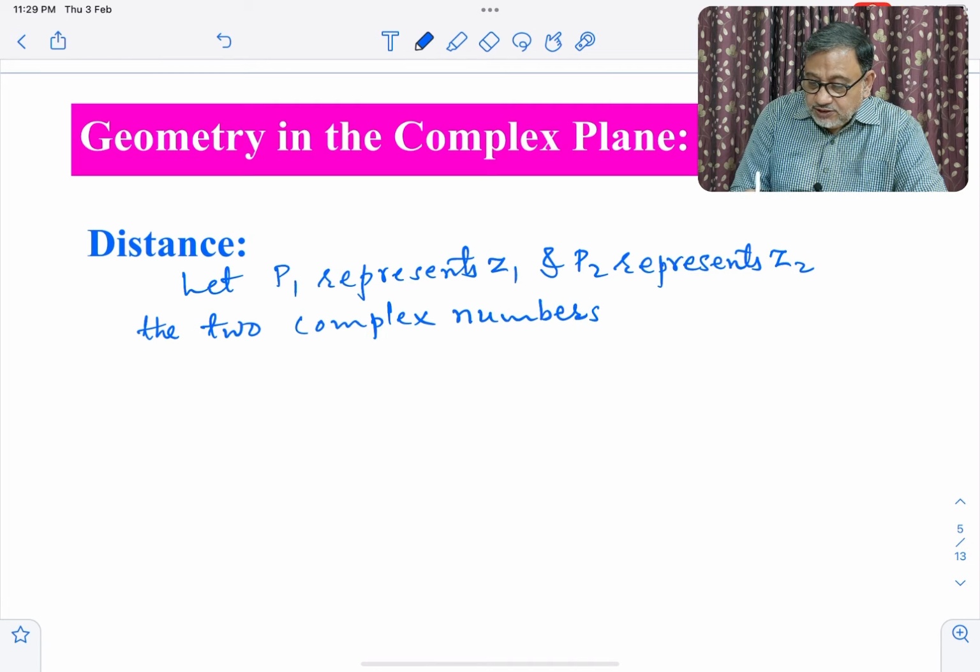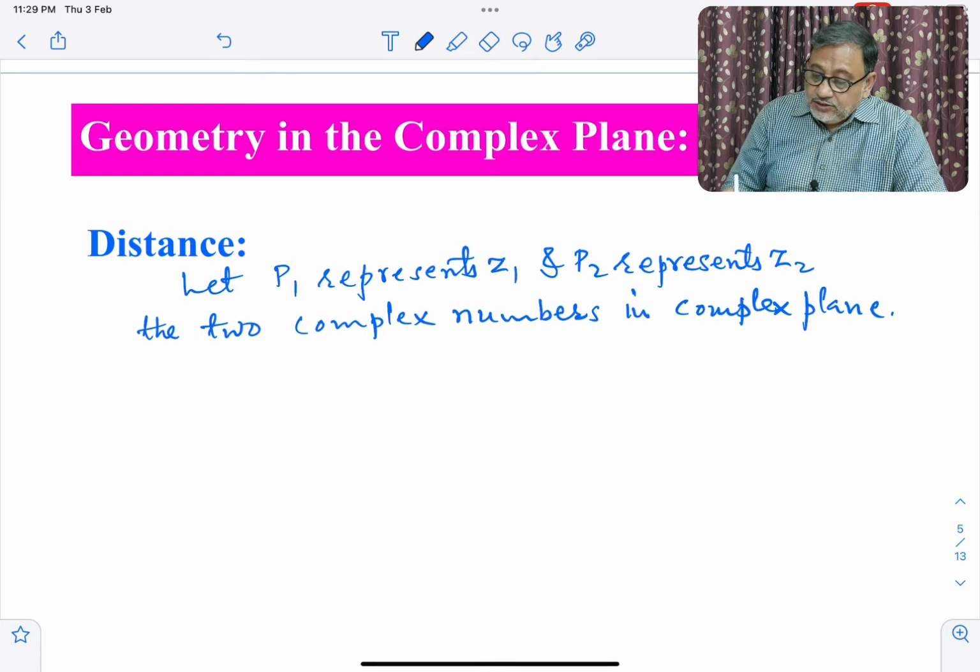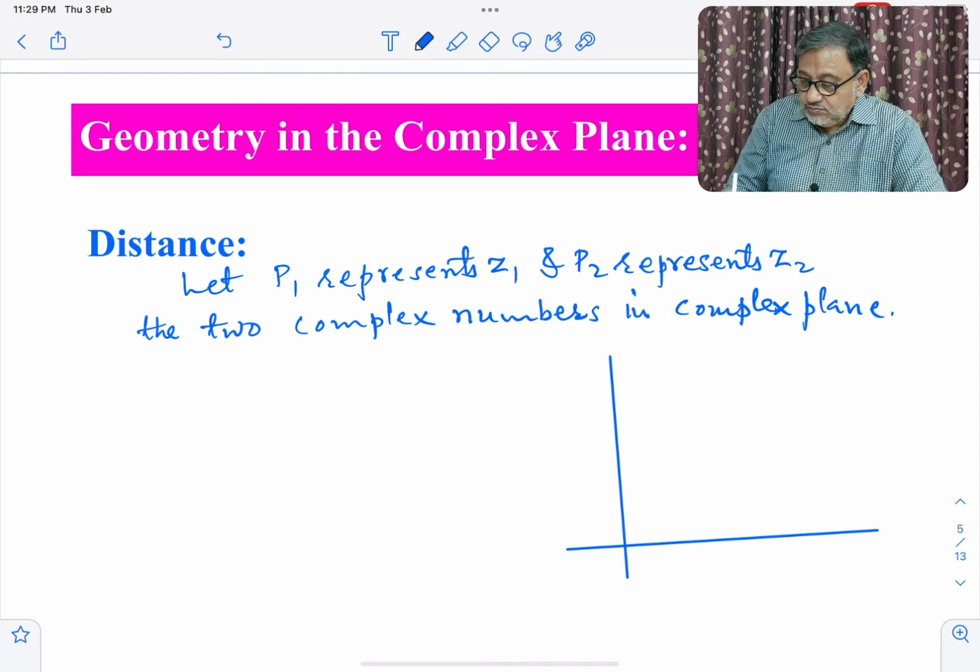In the complex plane, suppose let me draw that figure something like this. Real, imaginary, origin.